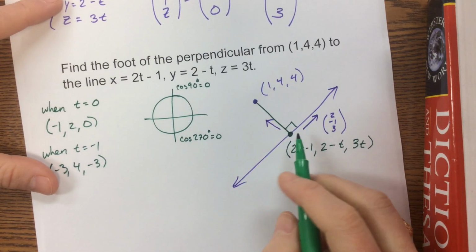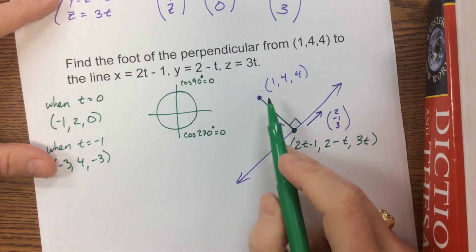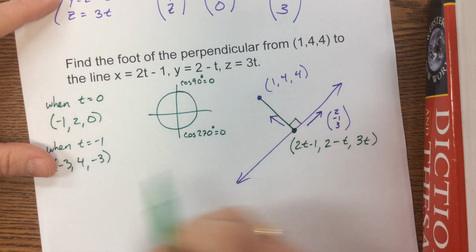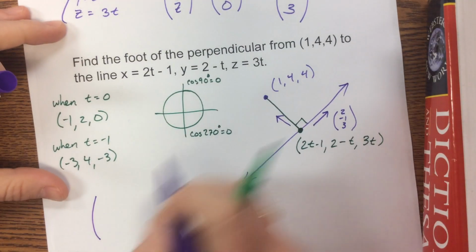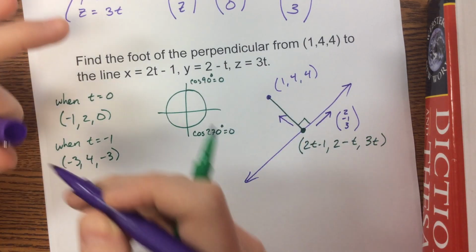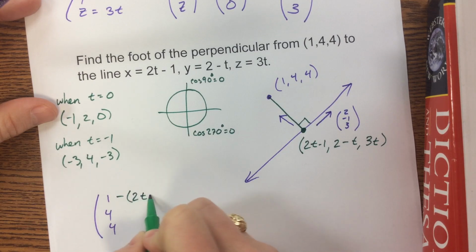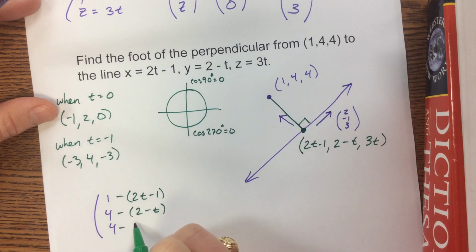So we need to find the vector going from here to here, or from here to here. Let me use color. We've got (1, 4, 4), and we're going to subtract this point here: minus (2t minus 1), minus (2 minus t), and minus 3t.